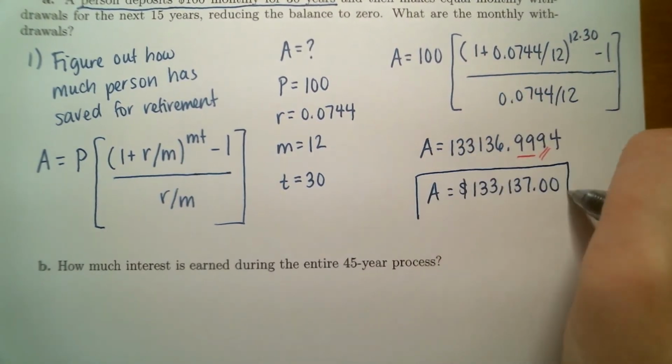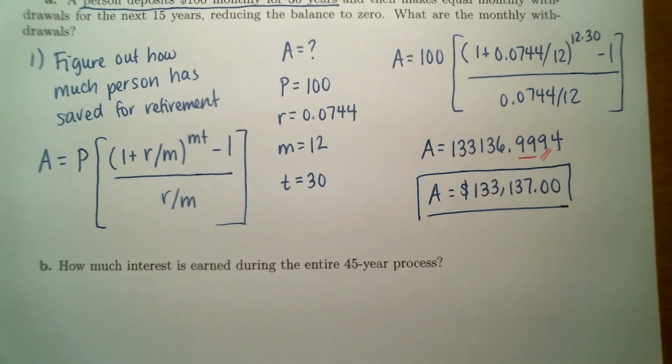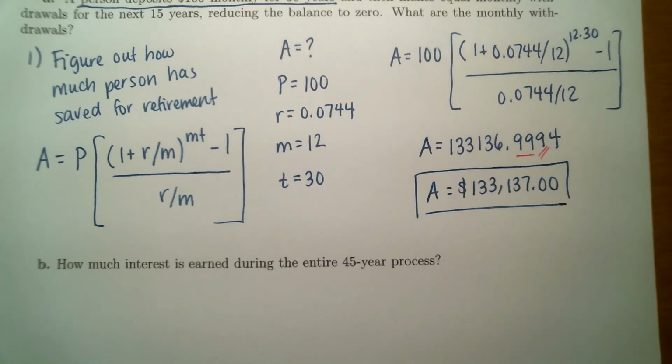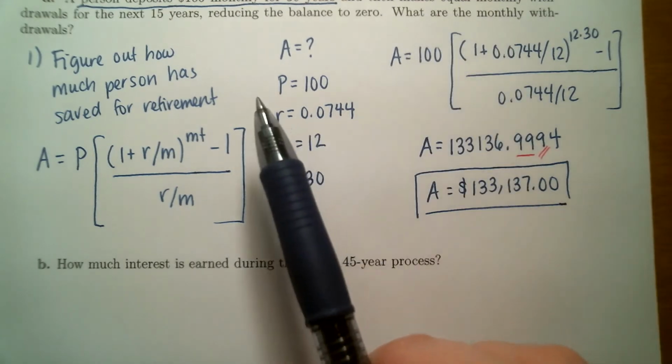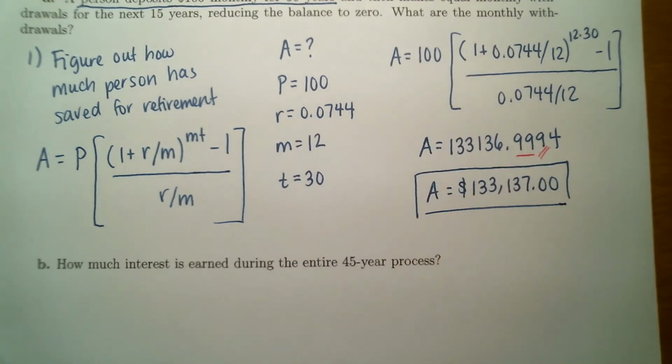That's how much they have saved for retirement. I know I boxed it by mistake, but this is not the final answer to the question, because remember, we need to know what the monthly withdrawals are. This is only the first part of the problem. Now you need to think about it: this person has saved $133,137 for retirement.